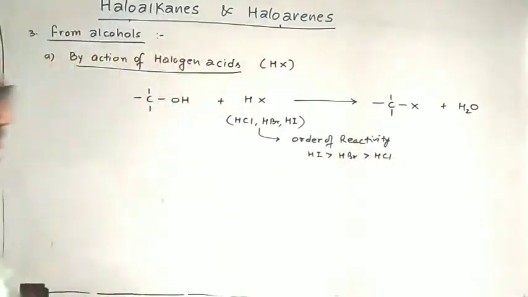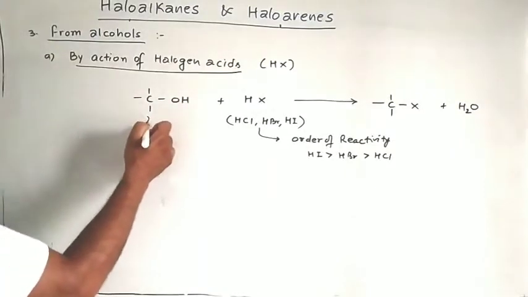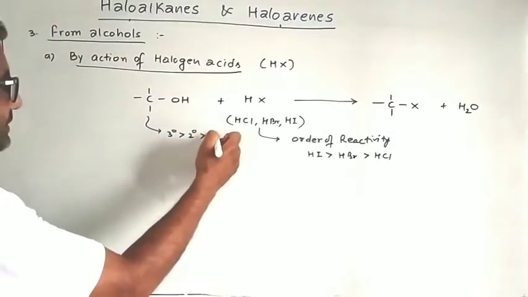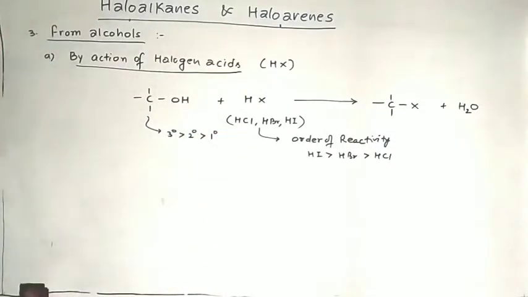That depends upon the bond dissociation energy. So if you see the order of reactivity of alcohol, then 3 degree alcohol is more reactive than 2 degree. 2 degree is more reactive than 1 degree.